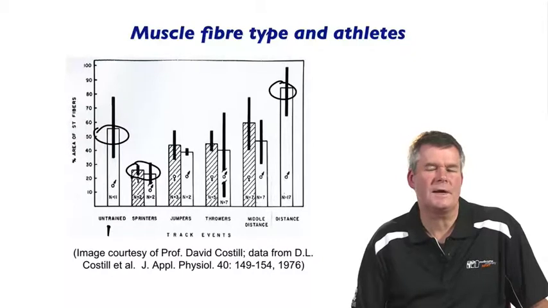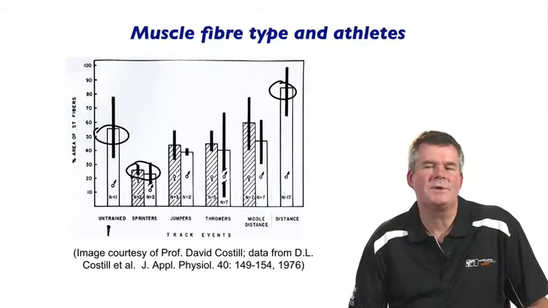And one of the questions that has to be asked is, are these athletes born this way and therefore have a natural predisposition for these various athletic disciplines, or as a result of training, have there been adaptations and transformations within muscle that explain this?